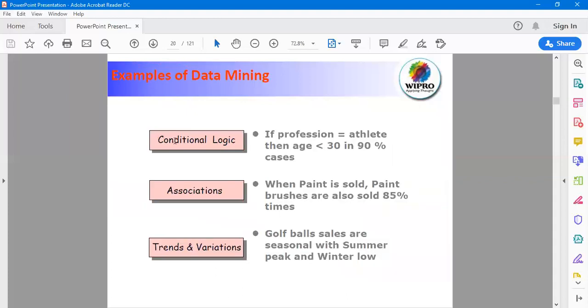So how are you going to identify a relationship using conditional logic? If profession is athlete, then age should be less than 30 in 90% of the cases. So this is a condition. In your database system, you have something called integrity constraints, so conditional logic is nothing but a constraint.